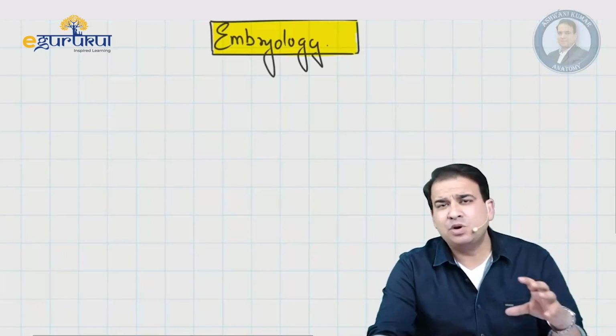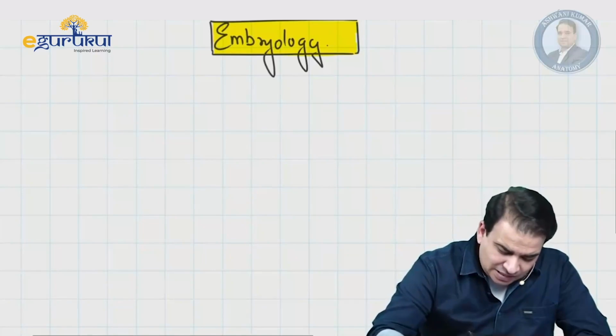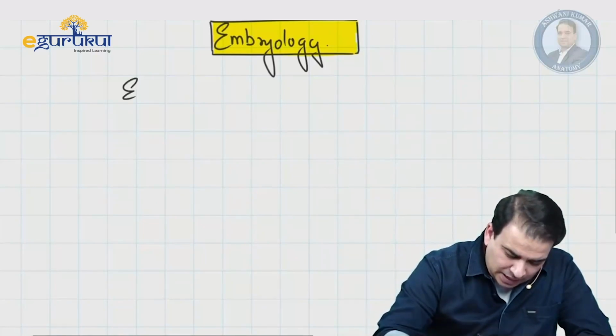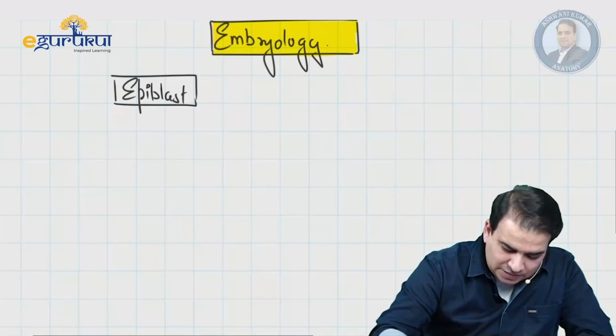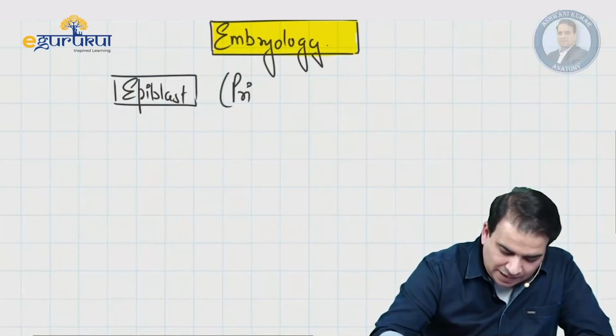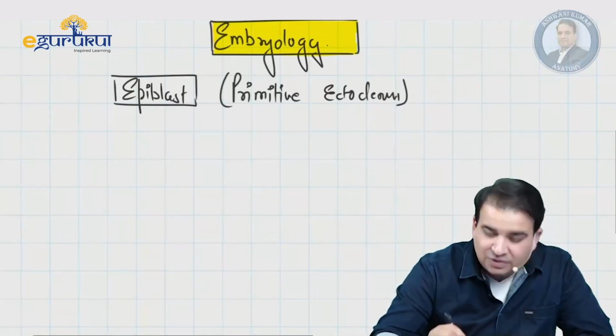Now, where are the primordial germ cells or primitive sex cells derived from? And guys, the answer is actually epiblast. Epiblast is just another name for the primitive ectoderm. You have to call it primitive ectoderm because it is not the definitive ectoderm.